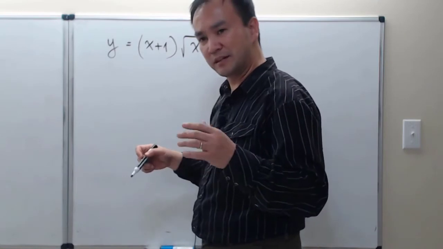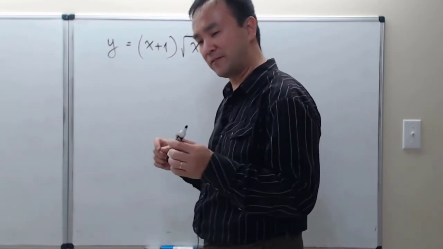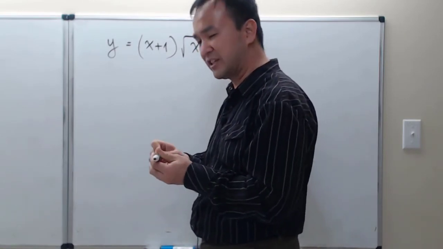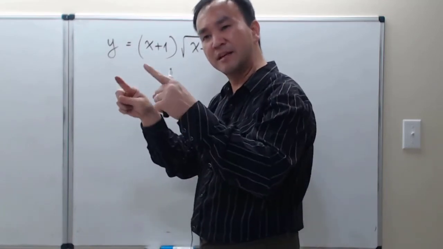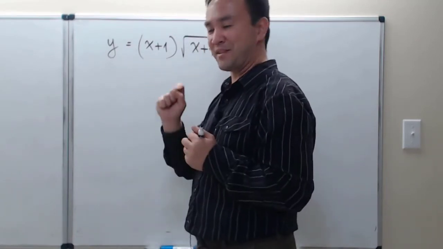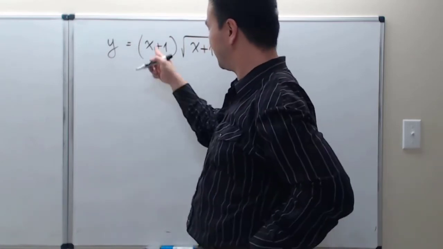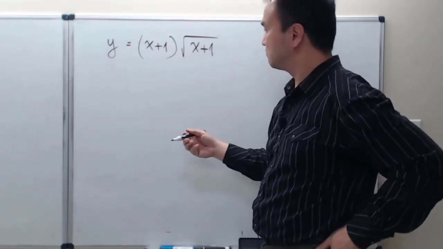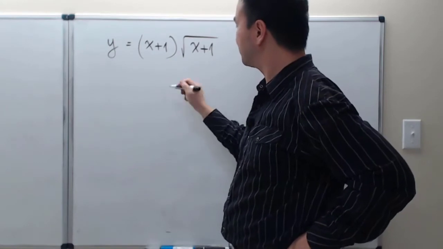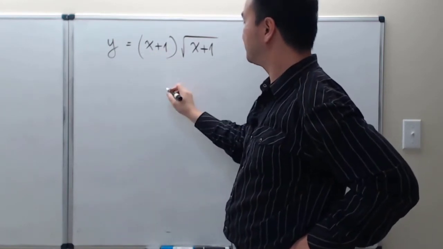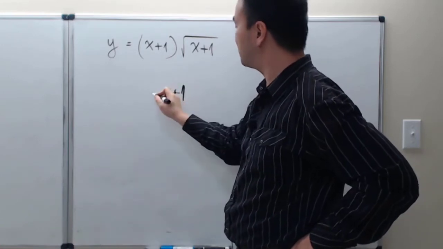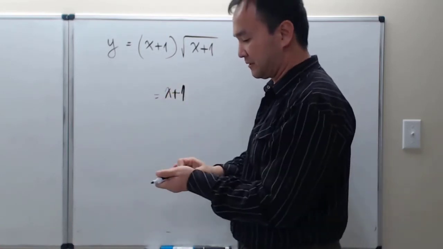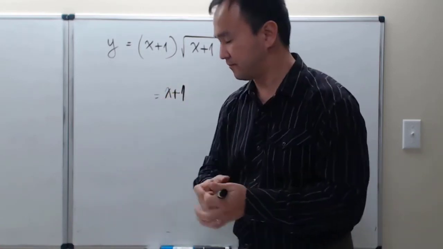The main point of the inside function is that we can pick any expression and think of it as something that can be substituted away. In a problem like this, we can substitute the x plus 1 right there for a variable u.